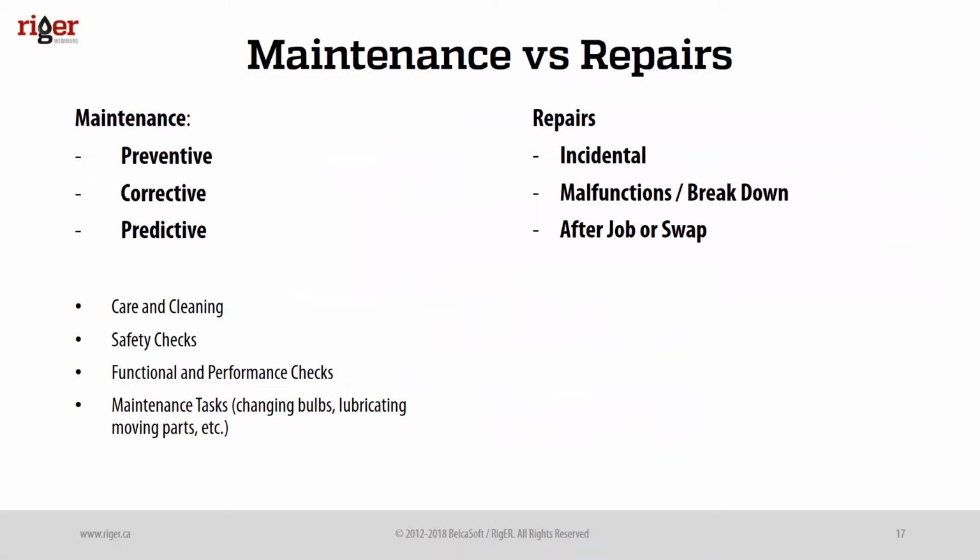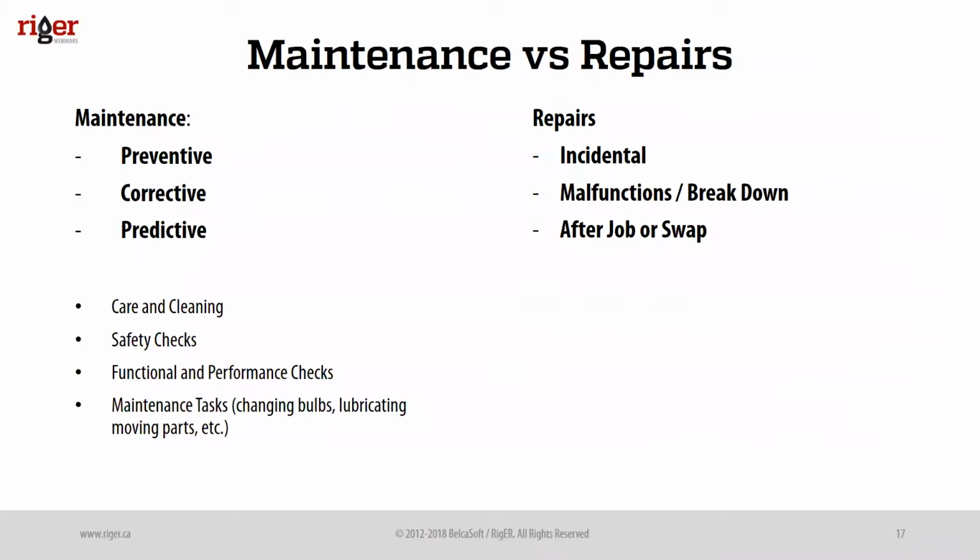However, in general, we talk about maintenance when we do something scheduled: preventive, corrective, and predictive maintenance. So we talk about more periodical, more regular events. If we talk about repairs, it's more incidental: something broken, a malfunction, or something which we realize after the job or after the swap.